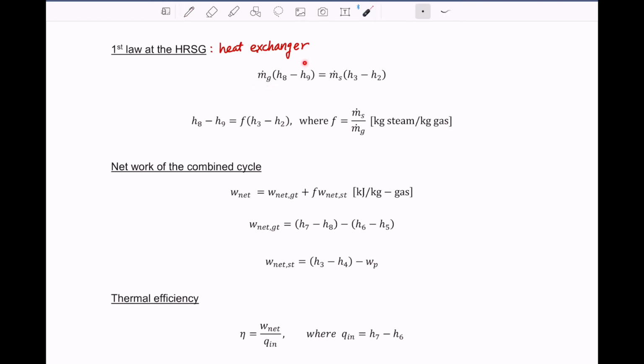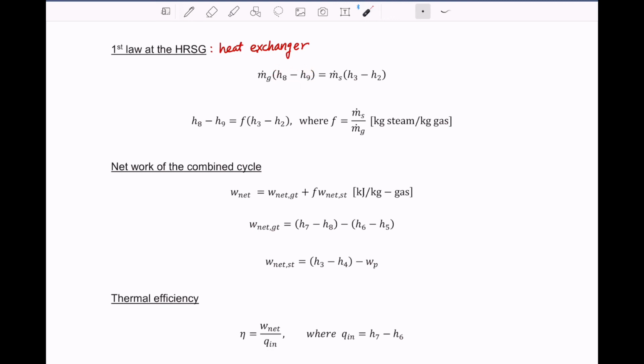The left-hand side is the amount of heat that is being lost by the exhaust gas. And this heat should be exactly the same as the heat gained by the water. The heat rejection from the gas side can be calculated by mass flow rate of the gas times enthalpy change from 8 to 9.